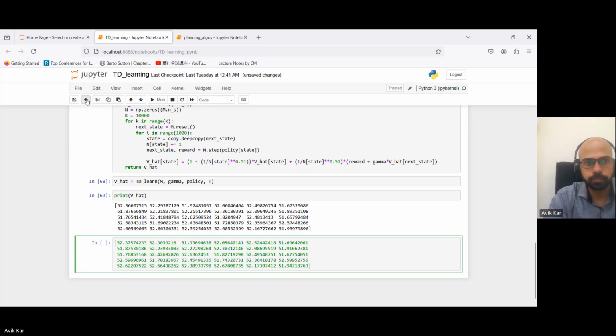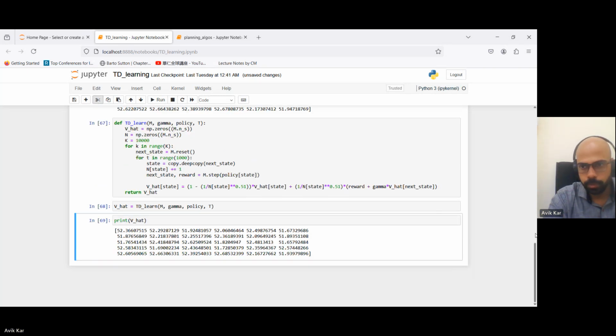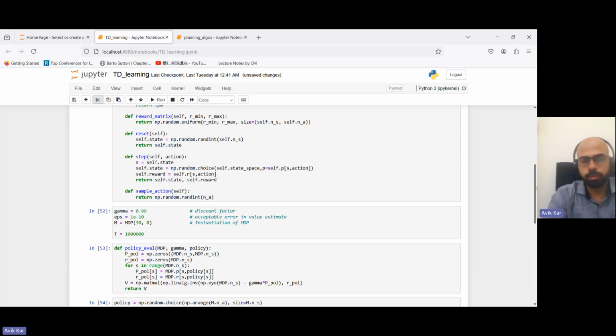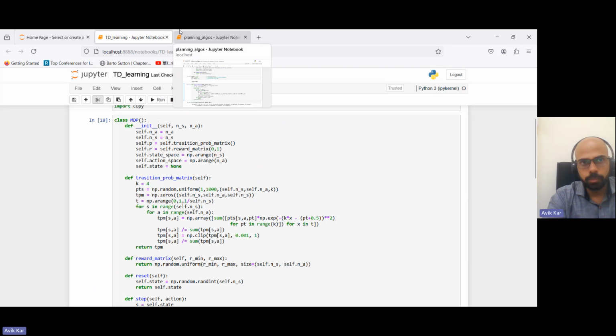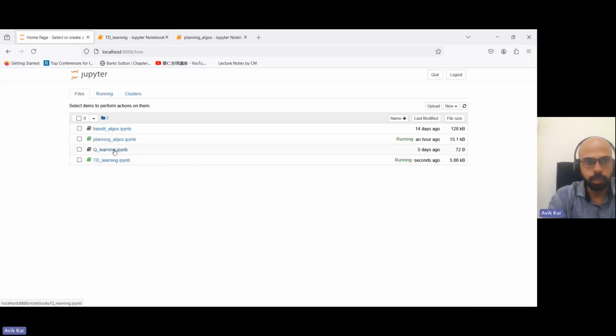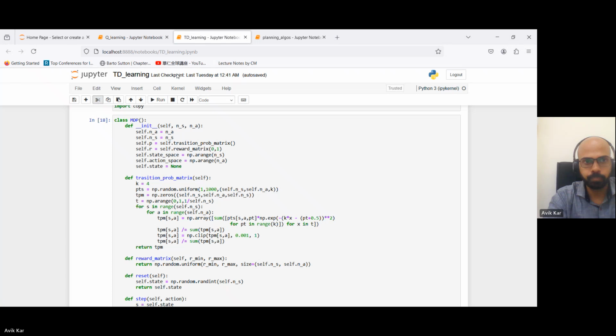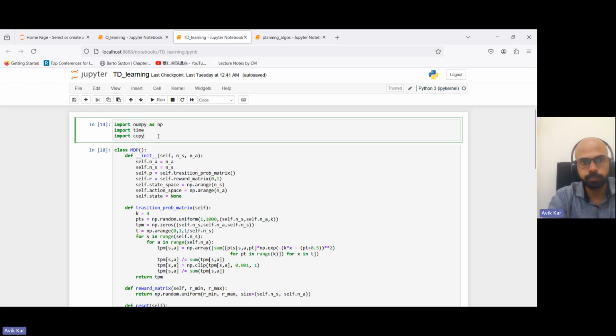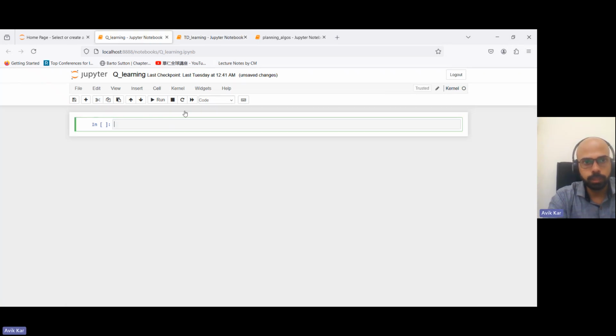I don't think we can expect more from this TD learning algorithm. Okay, great. So now your job, which I think was discussed in lecture, is to incorporate control in TD learning. That is not as efficient as Q-learning, but I think you should try it. So now we'll code the Q-learning algorithm. Again, we copy certain things.